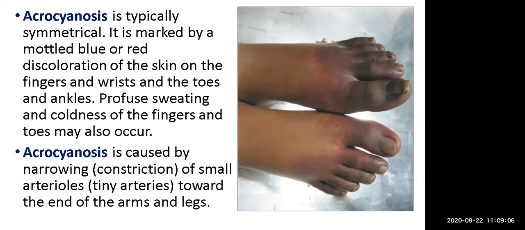If it is cold, this is the heart disease. If it's warm, it is the pulmonary disease. So that's why they're saying profuse sweating and coldness of the fingers. Coldness, why? Because the arteriole is constricted, the vessels are constricted.